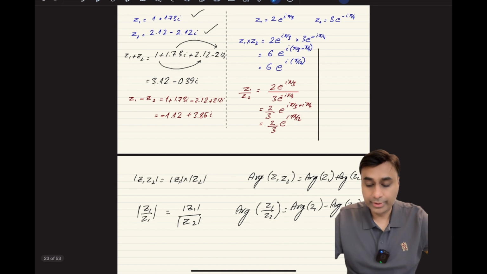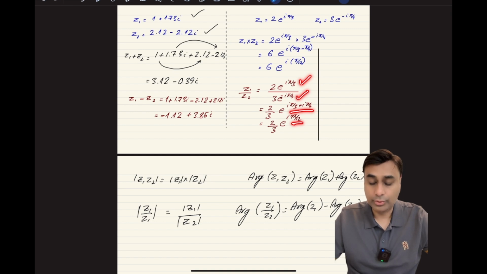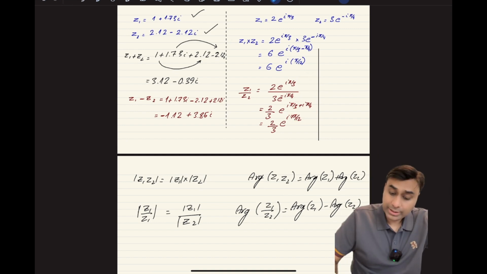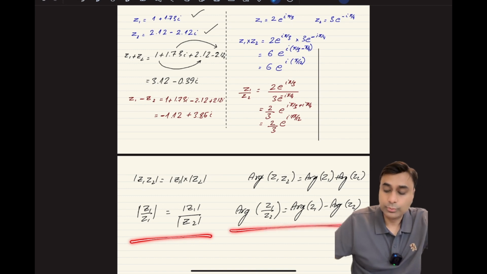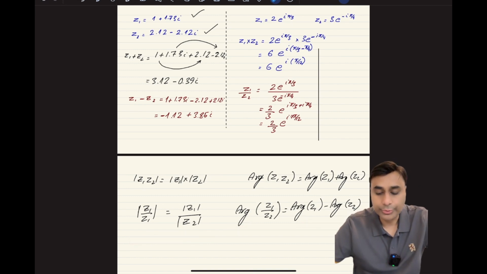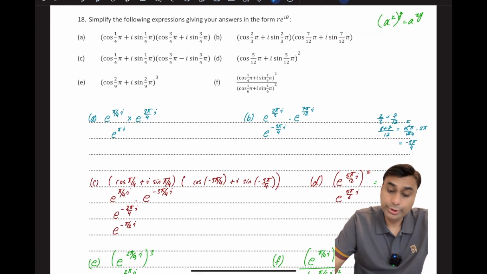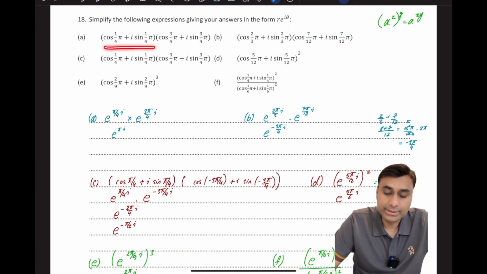As you can see over here, when they were dividing, the exponential powers got subtracted, and that gave the overall argument. So multiplication means moduli multiply and arguments add, and division means moduli divide and arguments subtract. So you can directly do your simplification this way. You can use this concept in simplifying situations like these.